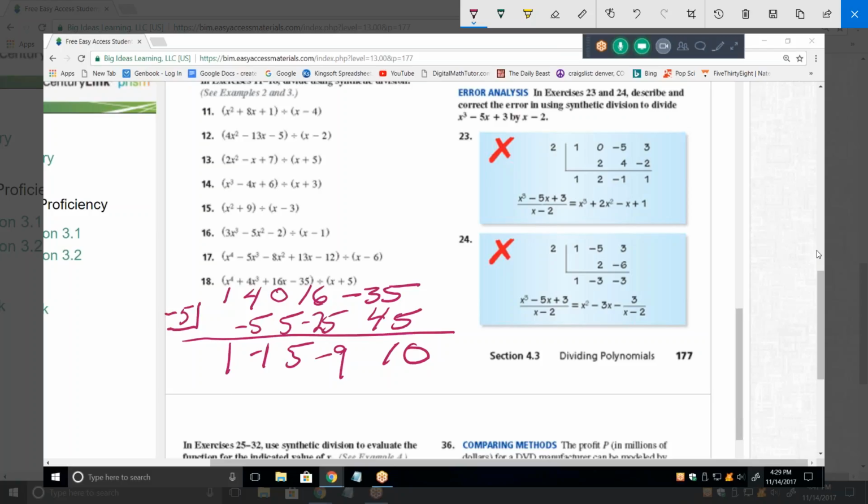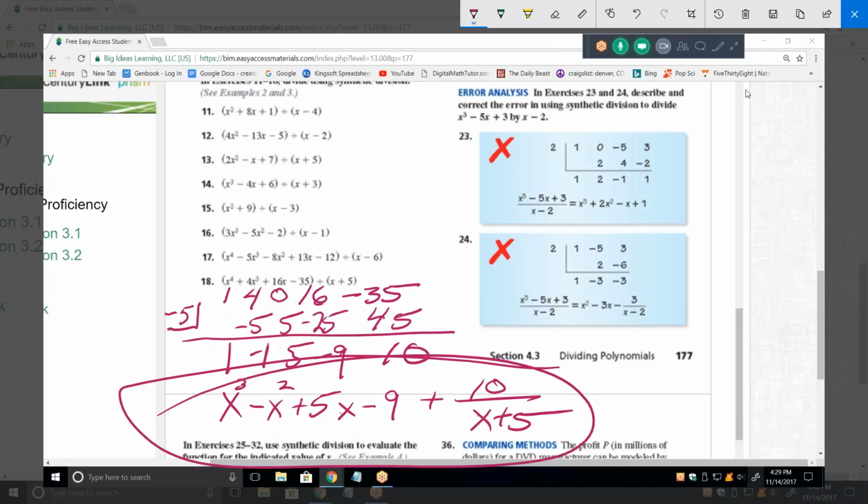Oh, so x to the third minus x squared plus 5x minus 9 plus 10 over, what was the original? X plus 5. Good.